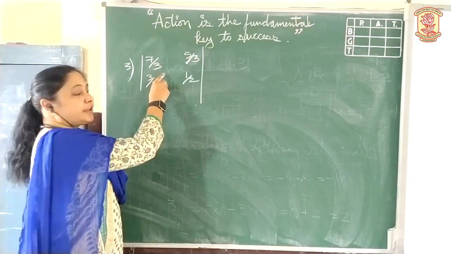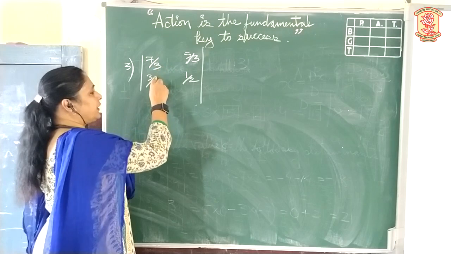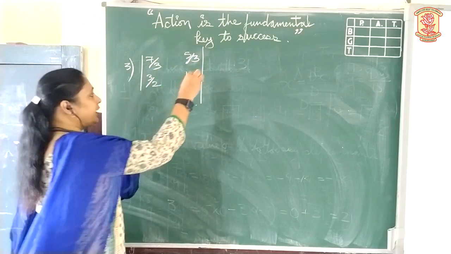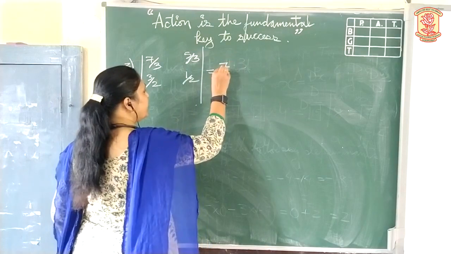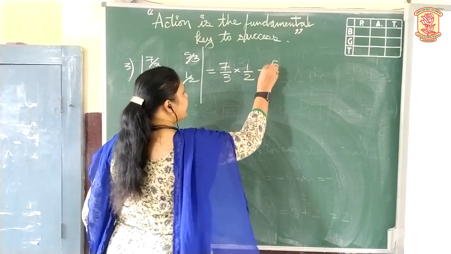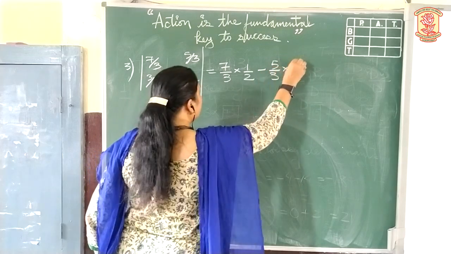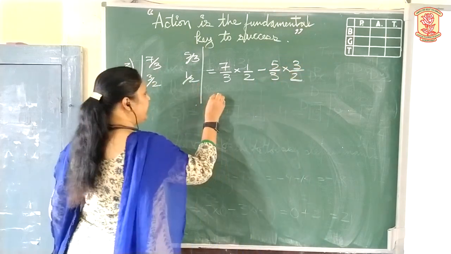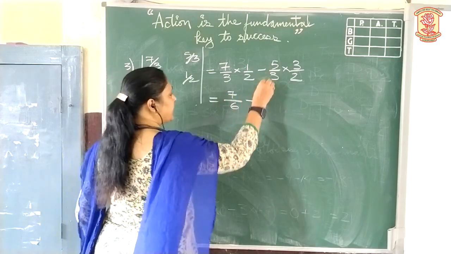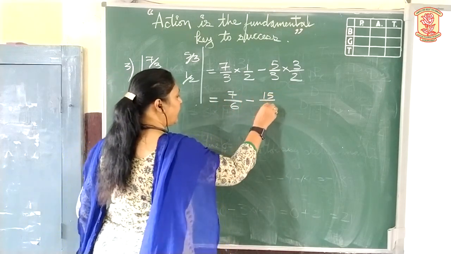It is determinant of 7 upon 3, 3 upon 2, 5 upon 3, 1 upon 2. We have to carry out cross multiplication. So we get 7 upon 3 into 1 upon 2 minus 5 upon 3 into 3 upon 2. So multiply, we get 7 1s are 7, 3 2s are 6, minus 5 3s are 15 upon 6.